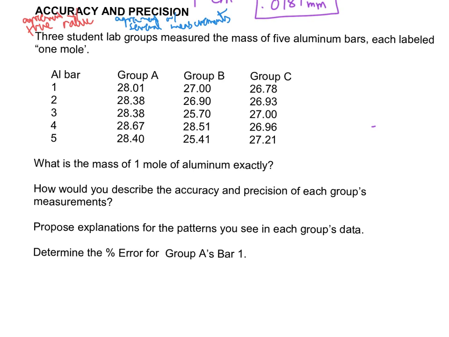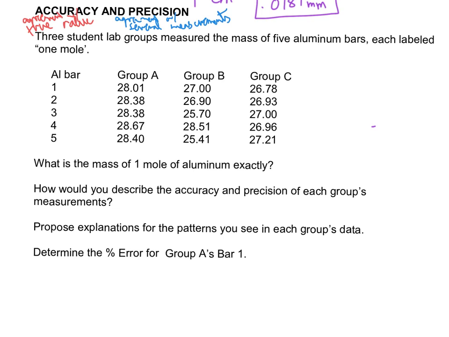So it says that 3 lab groups measured the mass of 5 aluminum bars, and each of the bars says that it's 1 mole, and this is the data that they got. We have 3 groups, group A, B, and C, and we want to know whether these are precise or accurate, or both, or neither.